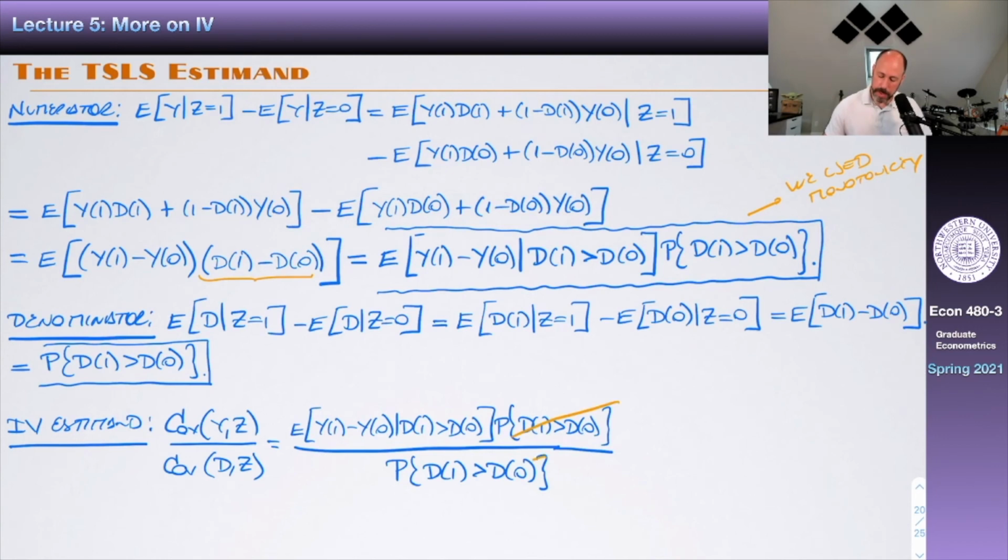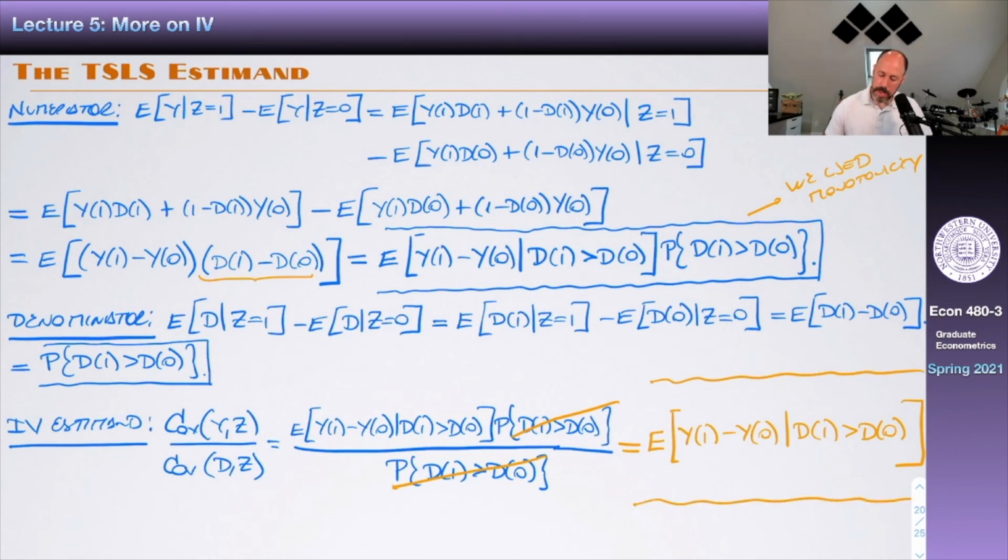Voila! This guy and this guy cancel out, and we obtain that the IV estimate equals the expected value of y1 minus y0 conditional on d1 greater than d0. So this is an average here of the treatment effect, local.